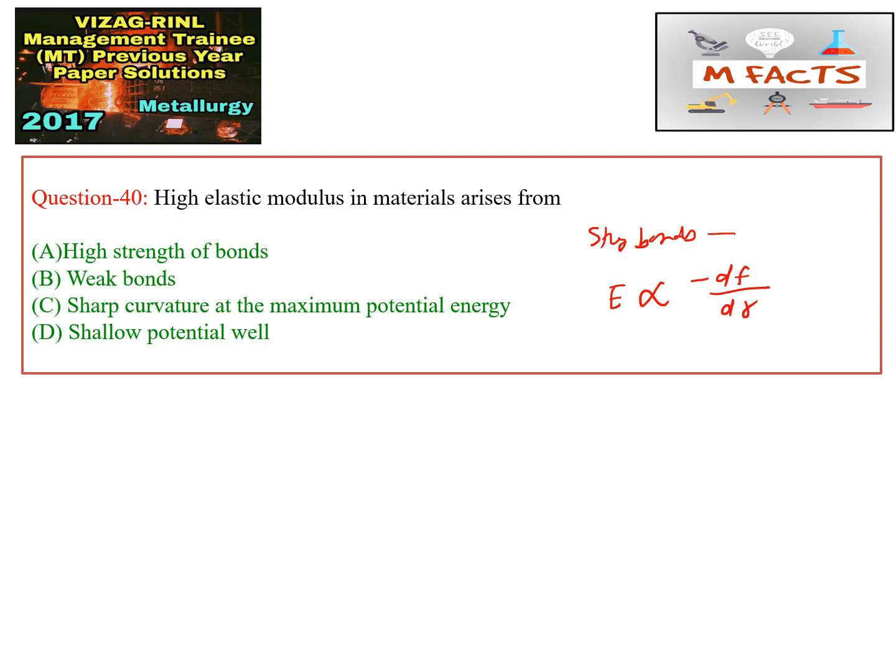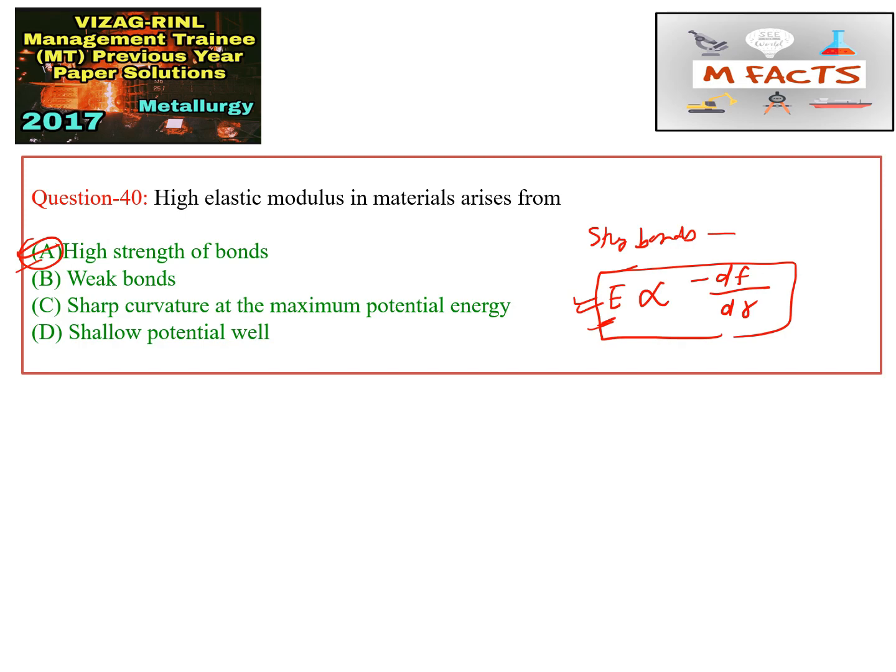The elastic modulus E is proportional to this potential energy curvature. If that is the maximum with sharp curvature, the materials have strong bonds. So for this question, high elastic modulus in materials arises from high strength of bonds. So this is the correct answer.